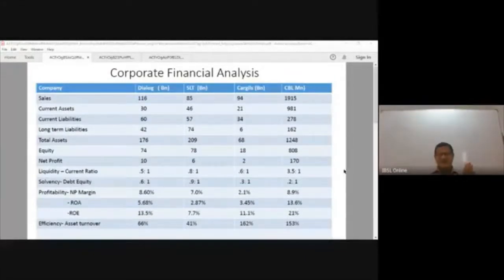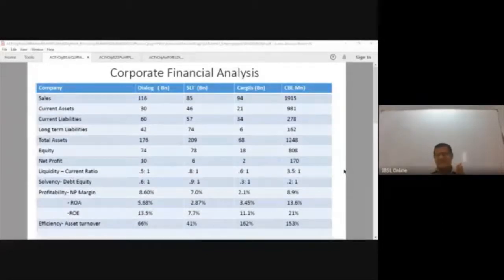So they have a return on assets. Every rupee they invest on their total assets, they make 5 cents. Similarly, SLT only make about 3 cents, 2.87. Cargills 3.5.